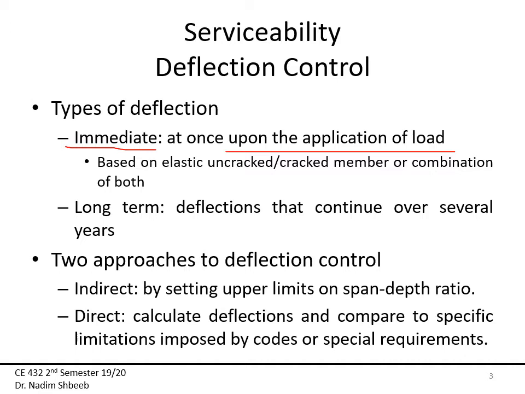And this immediate deflection, we can calculate based on the elastic uncracked member, cracked member, or a combination of both. I will talk about the combination later on, but we already dealt with the uncracked and cracked members when we did the calculation for the width of the crack, and also at the beginning of the course when we talked about the flexural strength of members.